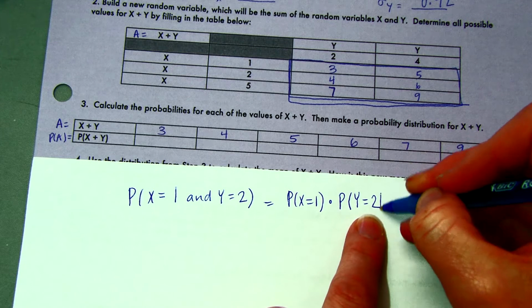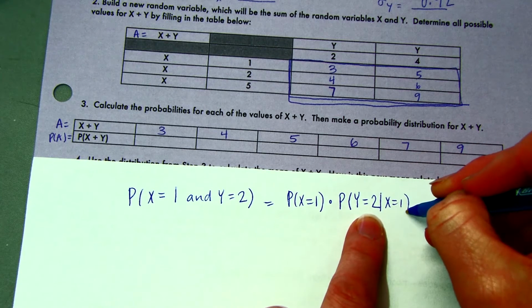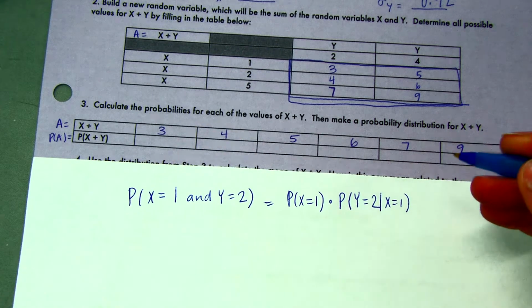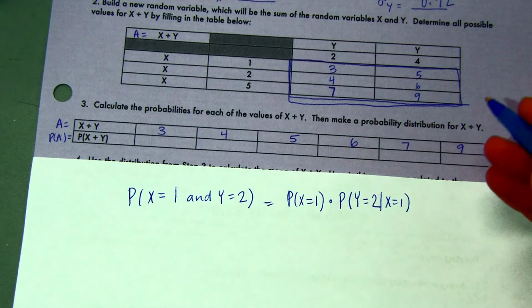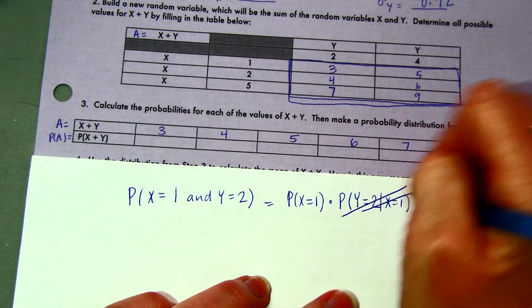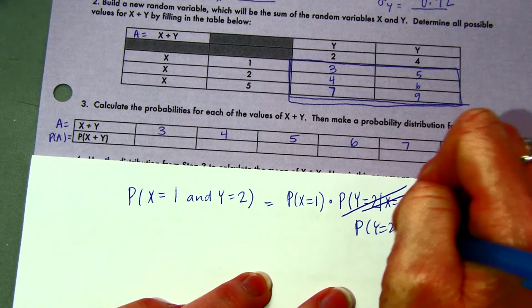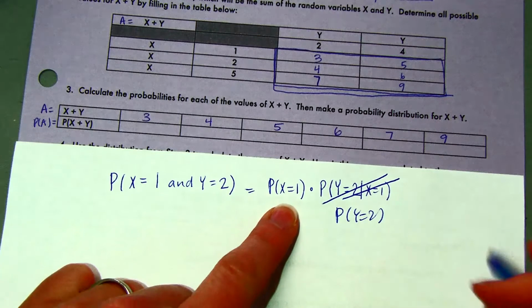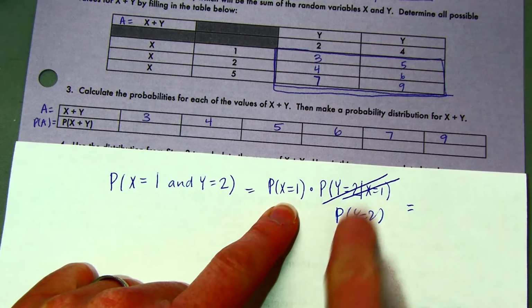There is a given, but are they independent? If I tell you some information about what x is doing, does that inform you about y? No. Thank goodness. This is just y equals 2. That's what it means to be independent.